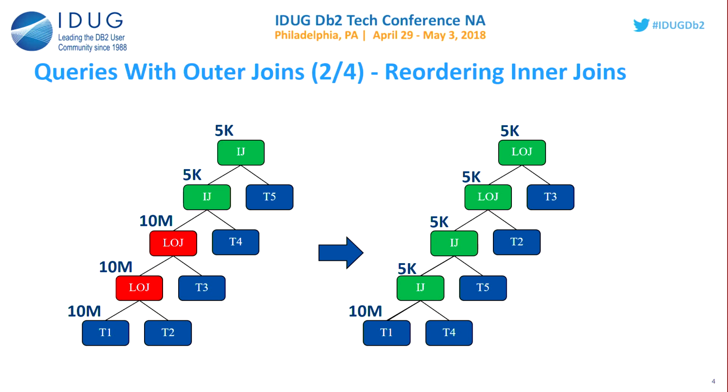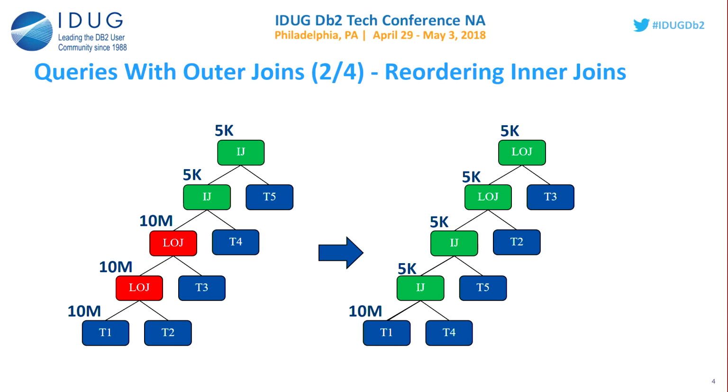And then the filtering join on T4, because of that one filtering predicate, reduces it to 5,000 rows. If we reorder it so that we do the filtering join first, this might be just a lookup join, so it doesn't increase the size here.